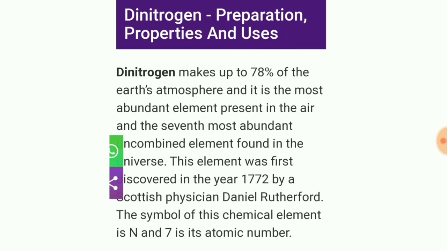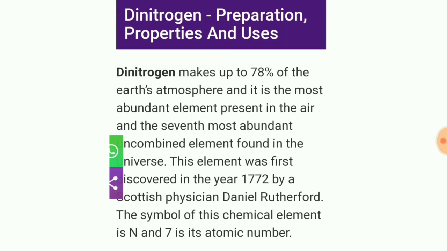This element was discovered by the Scottish physician Daniel Rutherford in the year 1772. The symbol of this chemical element is N and its atomic number is 7.